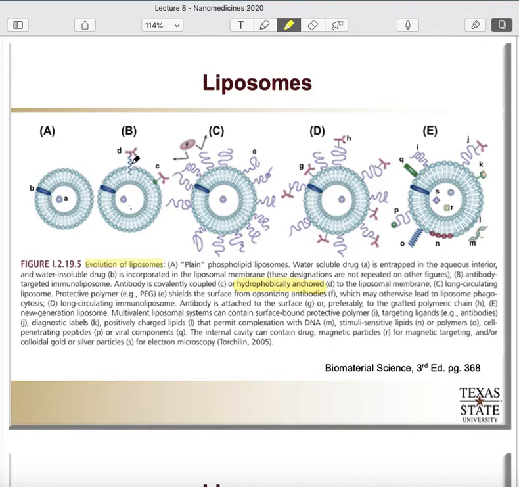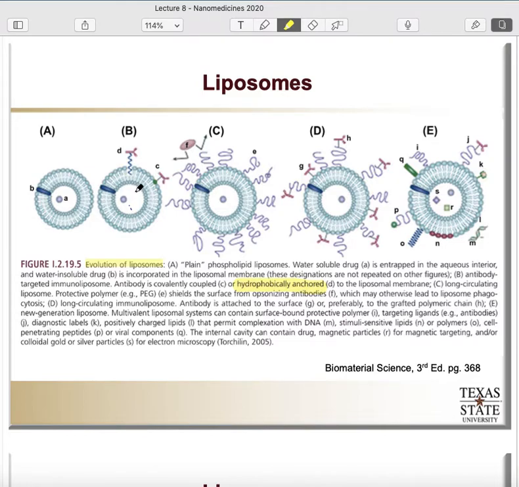What that means is that you would have a phospholipid that maybe has a polyethylene glycol and that has a functional group where you can attach the antibody. And instead of covalently attaching it after the liposome is formed, you would actually include the antibody during the formulation of the liposome so that you can hydrophobically anchor it to the liposome.